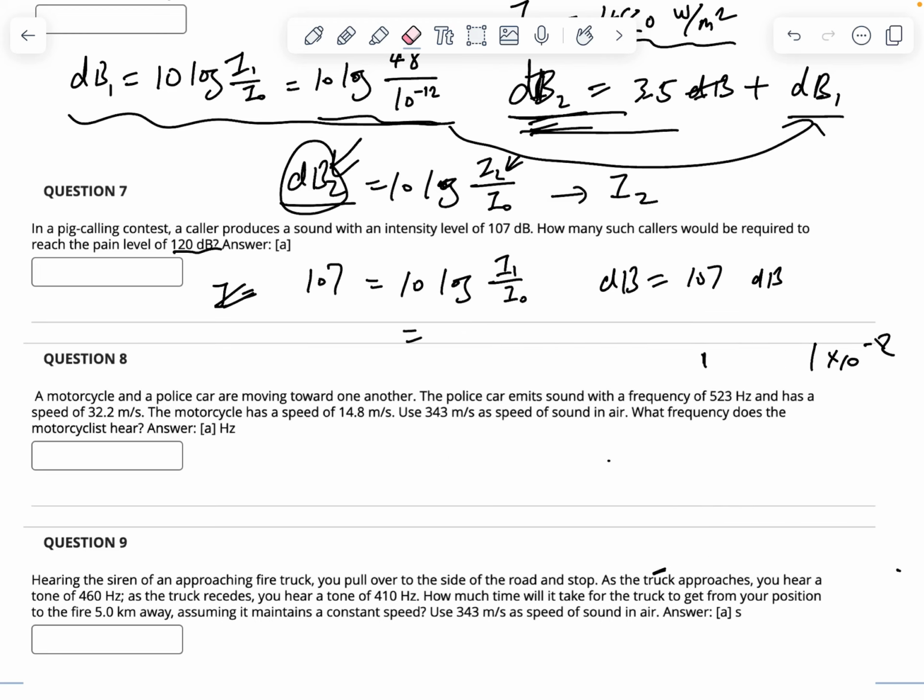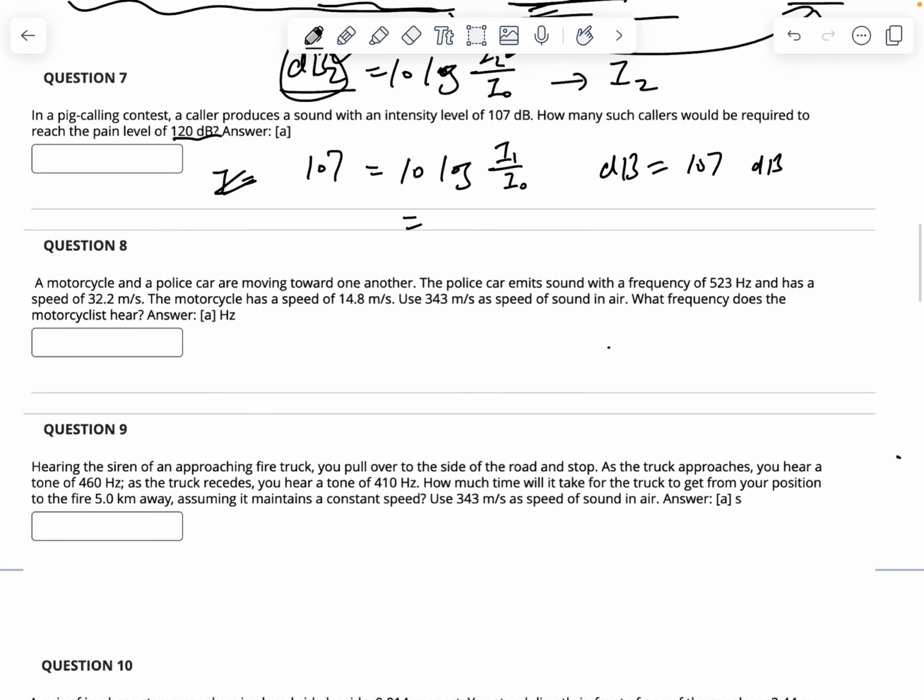Next one. A motorcycle and a police car are moving towards one another. The police car emits a sound wave with the frequency F0, the original frequency, and has a speed US, the source speed, of 32.2 meters per second.